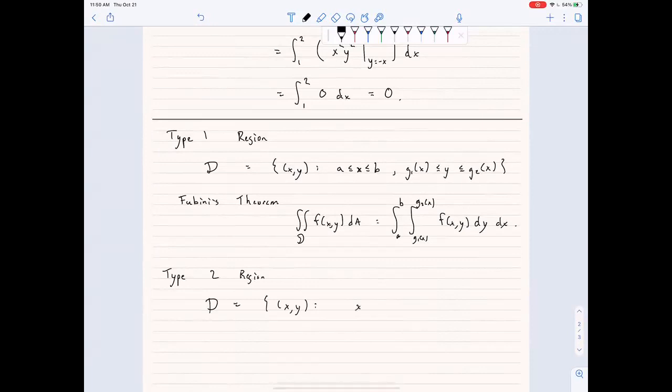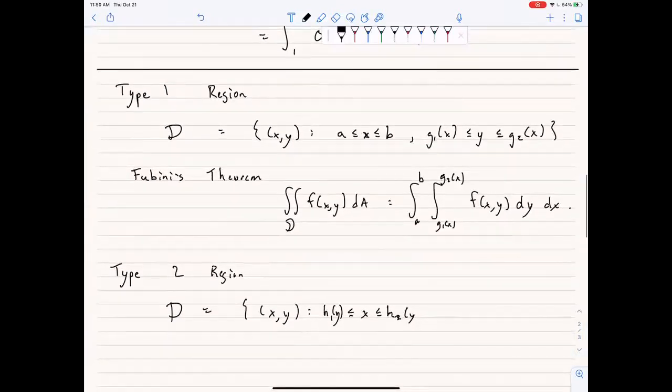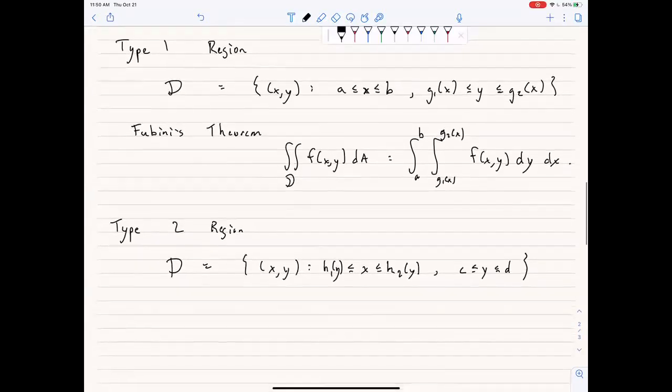So x is bounded by functions h1 of y, h2 of y, and let's see if I can write legibly here, and y is bounded by constants, say c and d. And again, we have a Fubini theorem here.